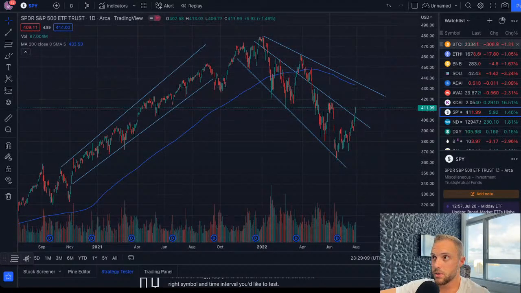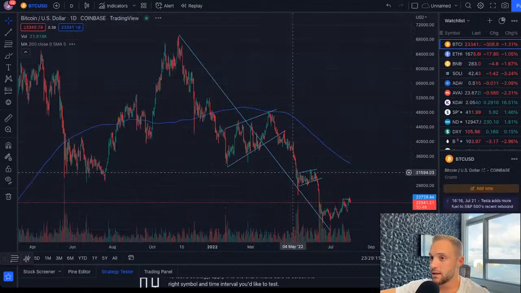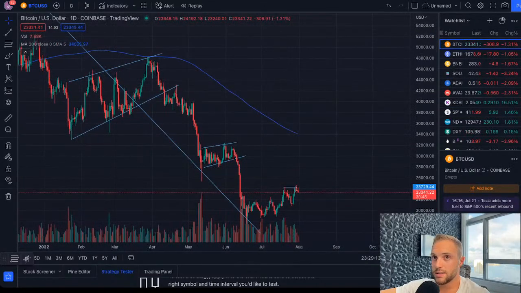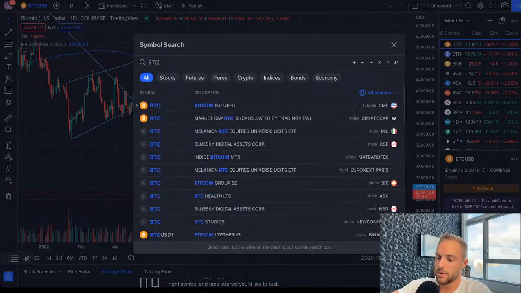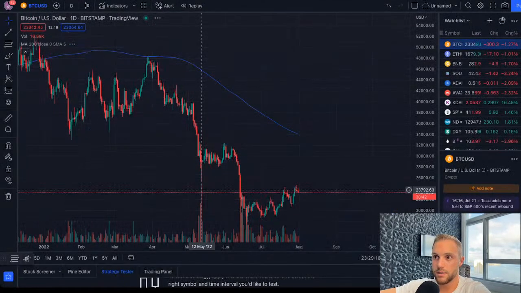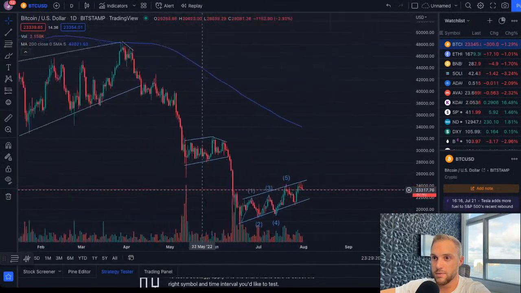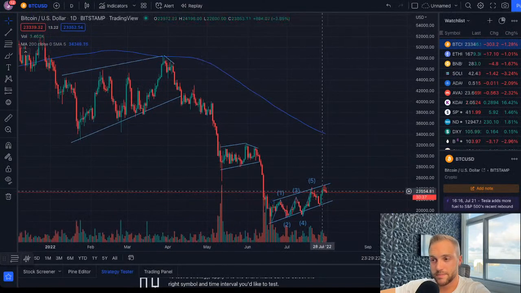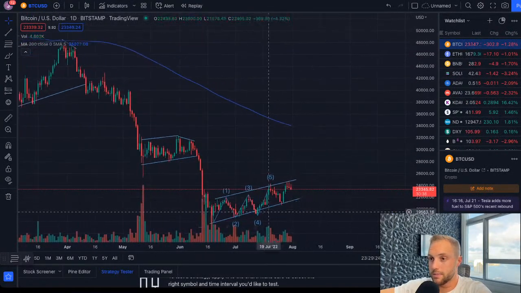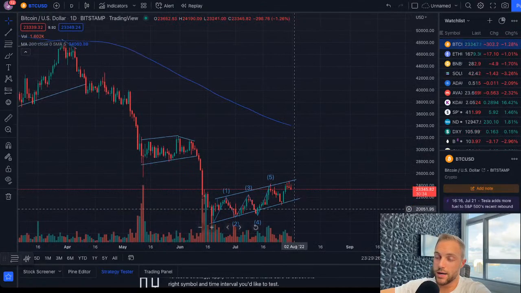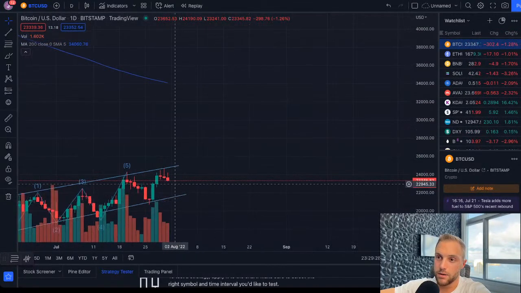As far as Bitcoin goes, I wouldn't be surprised if we've been trading in this. I've got to put the Bitstamp one on here because I've done this twice now. I wouldn't be surprised if this bear flag, we're trading to the bottom of the bear flag now. So we are definitely in a shorter-term little correction, potentially to the bottom of this bear flag.